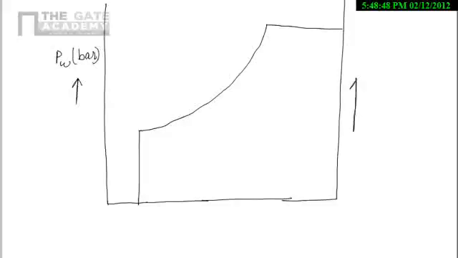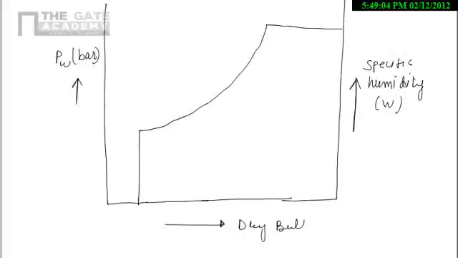Here I have specific humidity, that is W on the y-axis, and on the x-axis we have dry bulb temperature. Now I will define some of the other things: constant volume lines, constant enthalpy lines and wet bulb temperature lines.